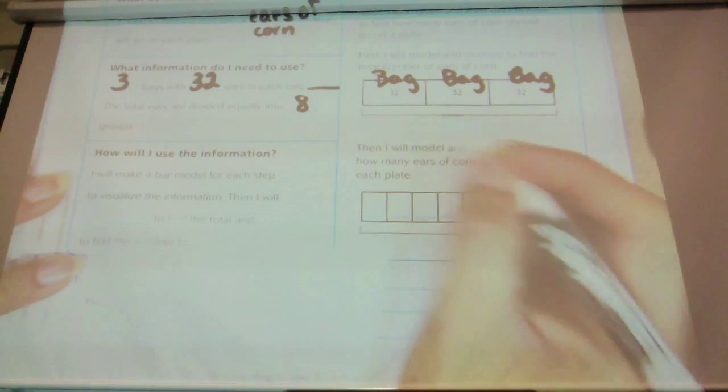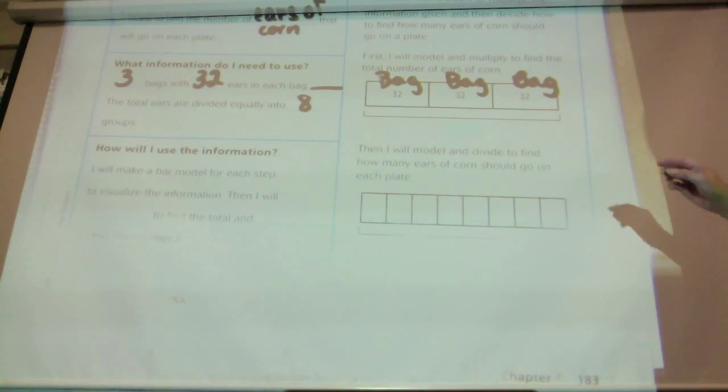And so we're going to be doing what kind of problem, what kind of function, to find out what the answer is, the total. All right, what function are we going to use? Division. Division, are you sure? Okay, let's go back.